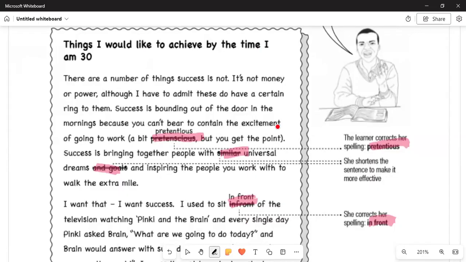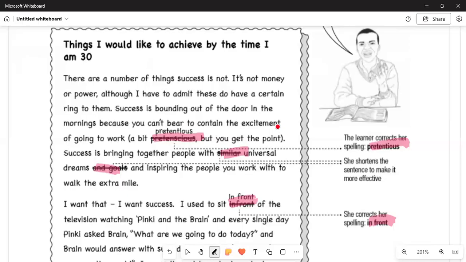The error was made here, but you can get to the point. And then success is bringing together people with similar universal dreams and goals and inspiring the people you work with to walk the same path. Here the learner corrects her spelling.